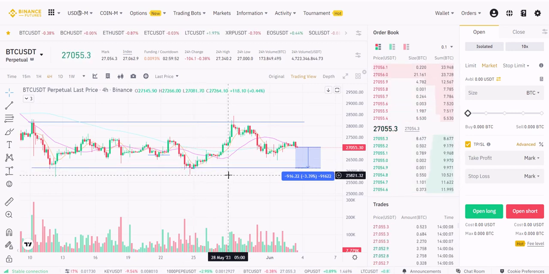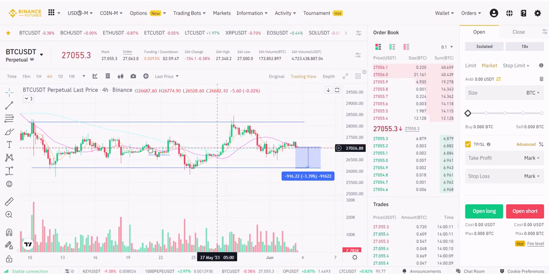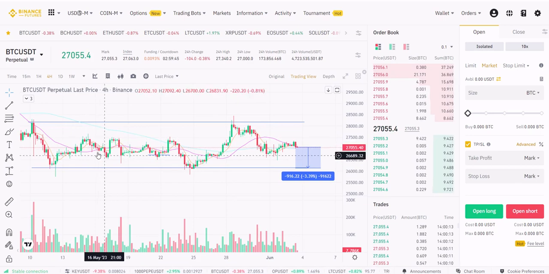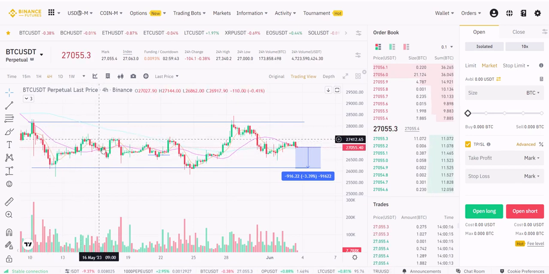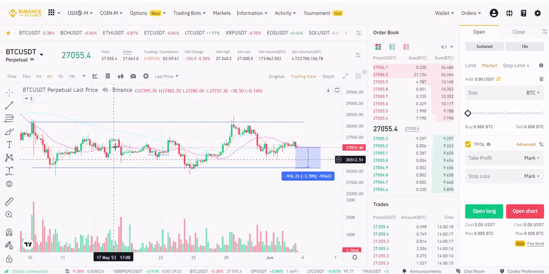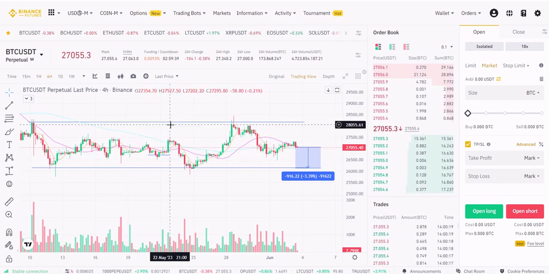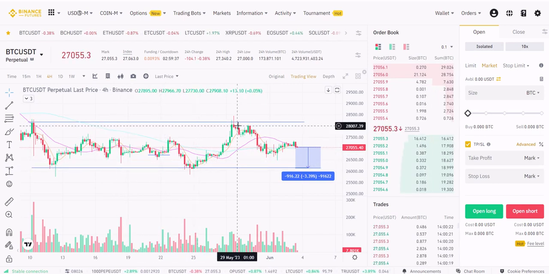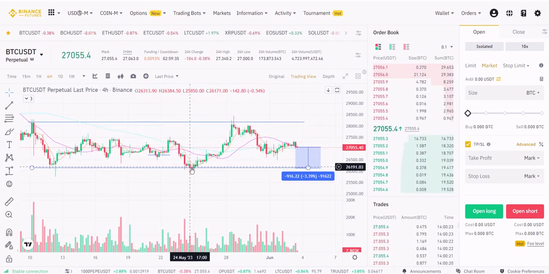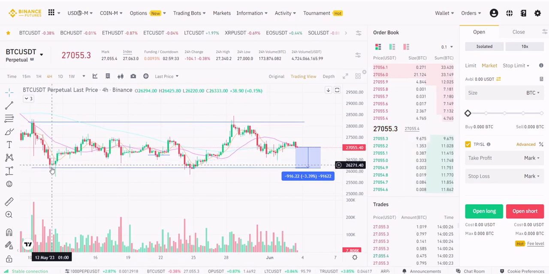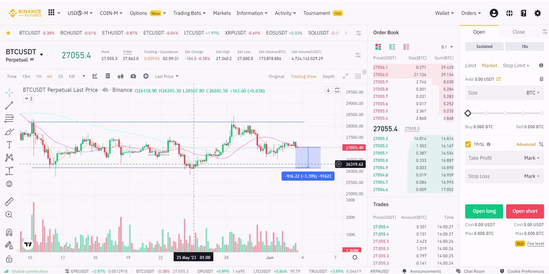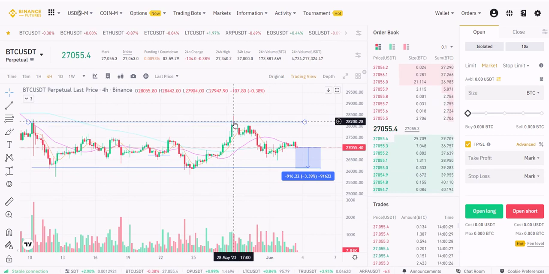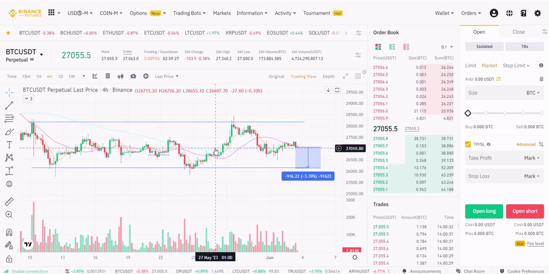I strongly feel that Bitcoin is going to go to the bottom of this channel, probably sooner than it did here, because at this point in here and in here, it hadn't truly established this range yet. After we got here again for the second time, support was established, the top was established a second time, now we've got a range.